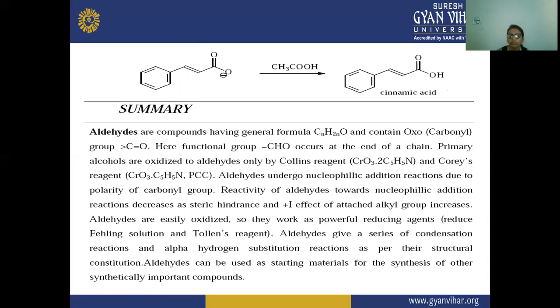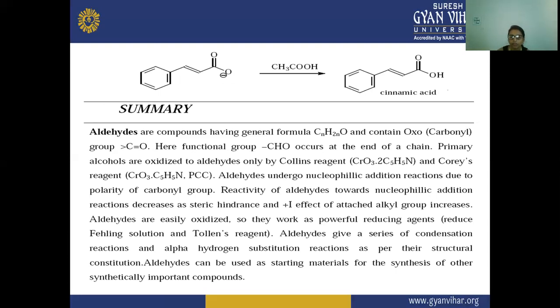So the summary of the aldehydes is that aldehydes are compounds having the general formula CnH2nO, and they contain the oxo group, that is C double bond O. The functional group is the CHO group, which occurs at the end of the chain. Primary alcohols are oxidized to aldehydes only by chloro reagents and similar reagents. Aldehydes undergo nucleophilic addition reactions due to the polarity of the carbonyl group.